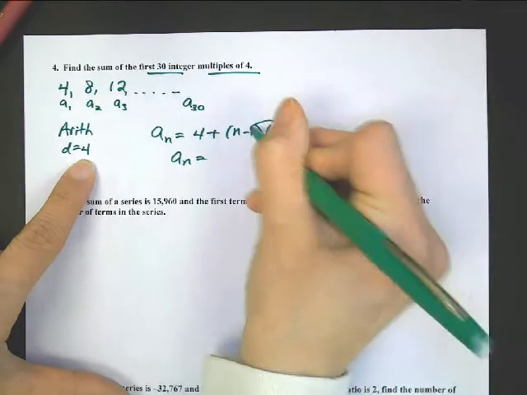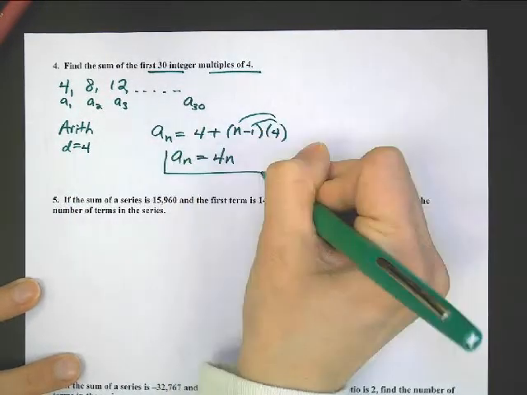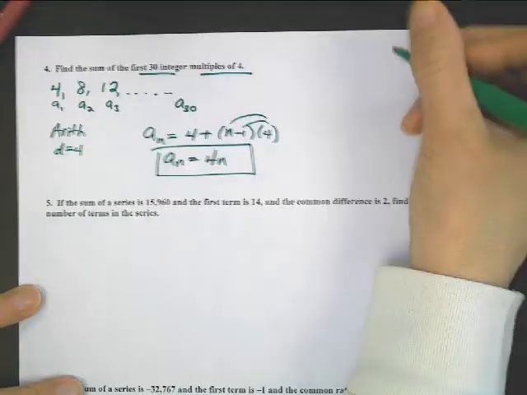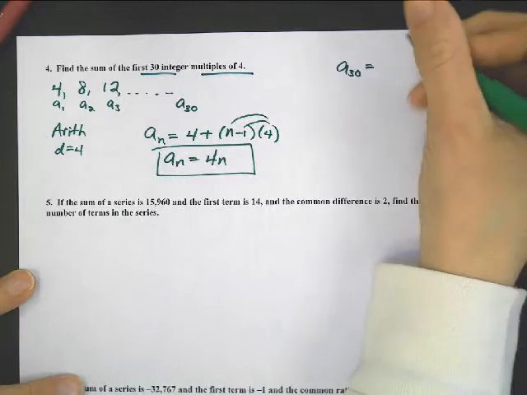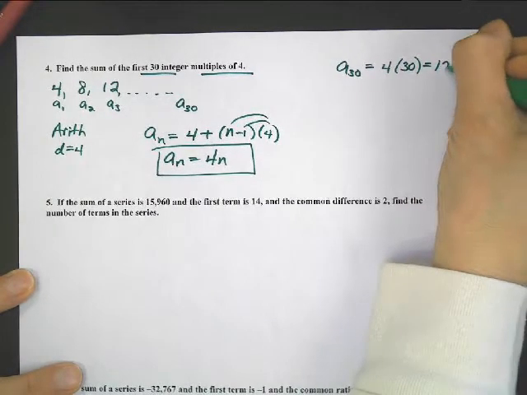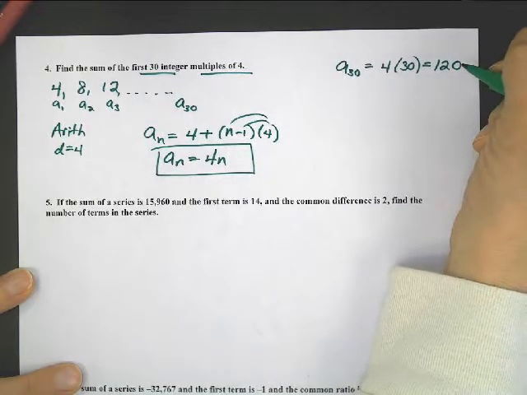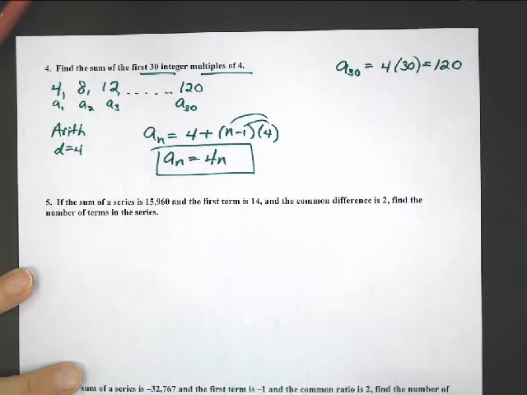So let's clean up the formula, and the formula says a sub n is just 4n. Now I'm going to use that to find a sub 30. The 30th term is 4 times 30, so it's simply 120. So I'm adding the numbers from 4 all the way up to 120.